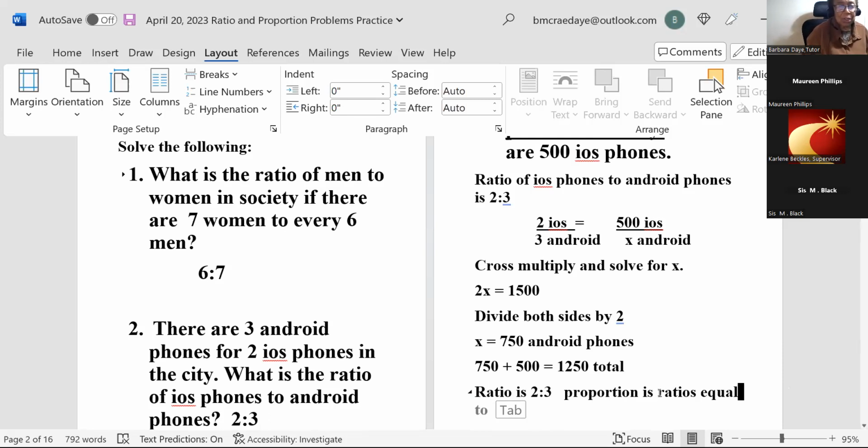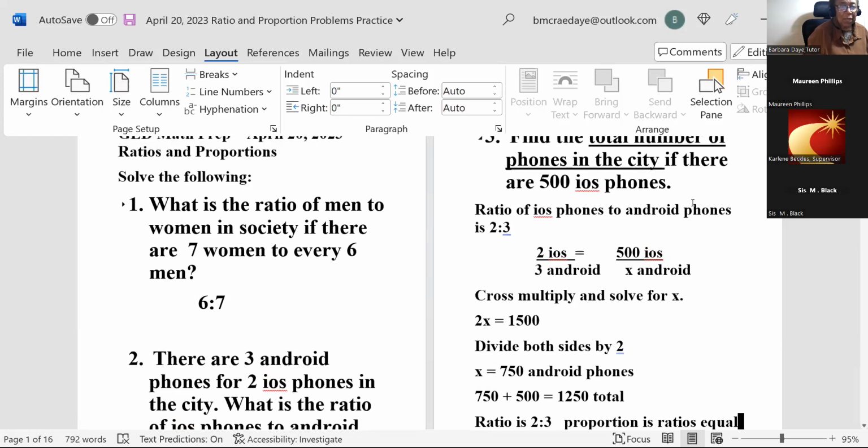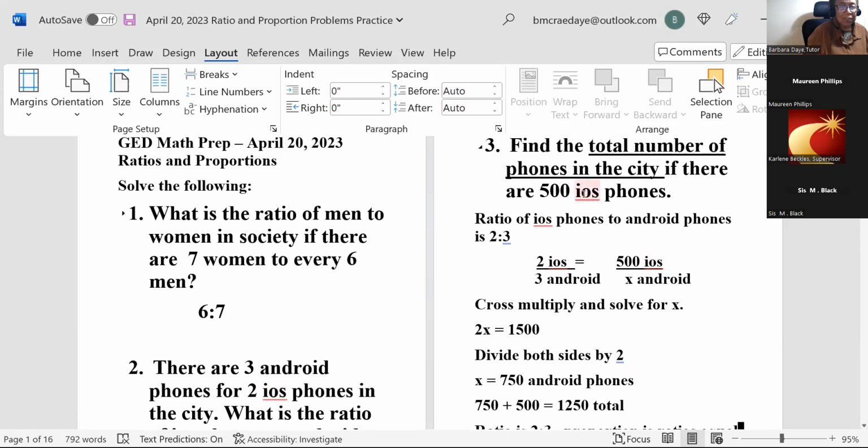Yes, this is being recorded, but remember, you have to have ratios in order to solve proportions. So your first step, that's why I put this one, is find the ratio. Then once you find the ratio, you can use that and find, if I have 500 iOS phones, how many Android do I have? And this is the proportion to solve that right here.